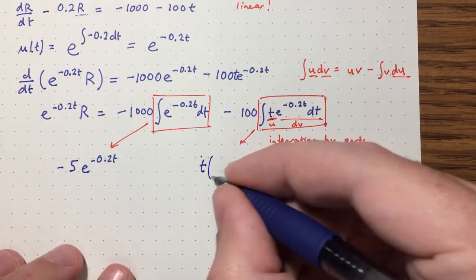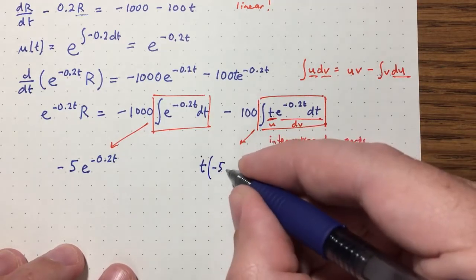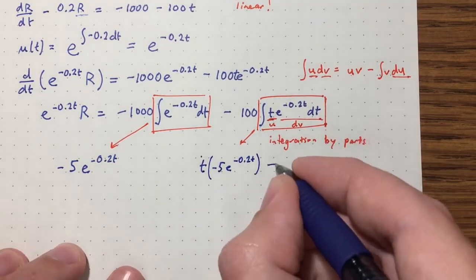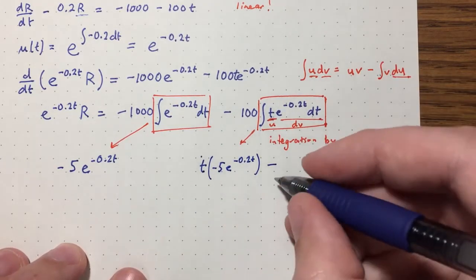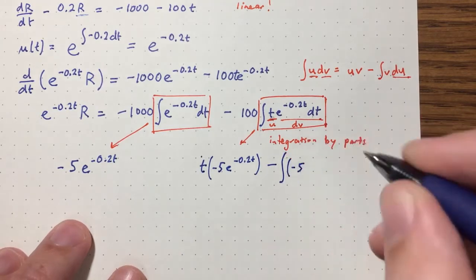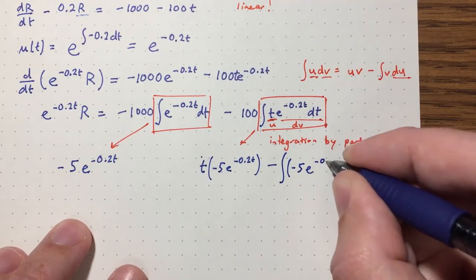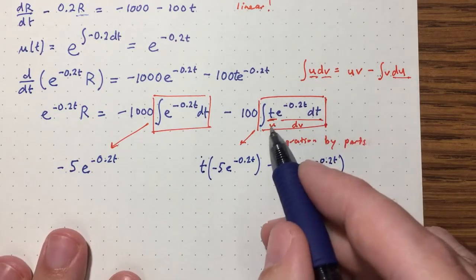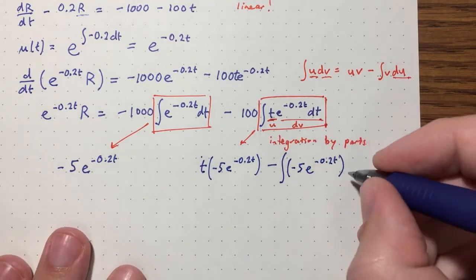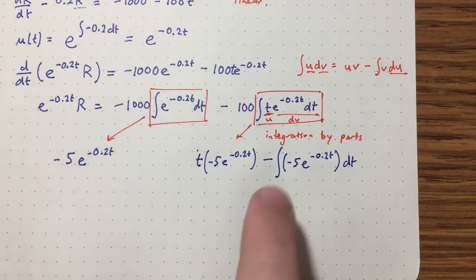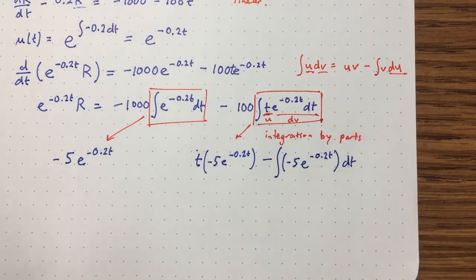So it's t times negative 5 e to the negative 0.2t, minus the integral of v du. And then what is du? That's just 1, right? Because u we chose to be t. We chose it to be something that became simpler when we take its derivative. So we get this thing right here.